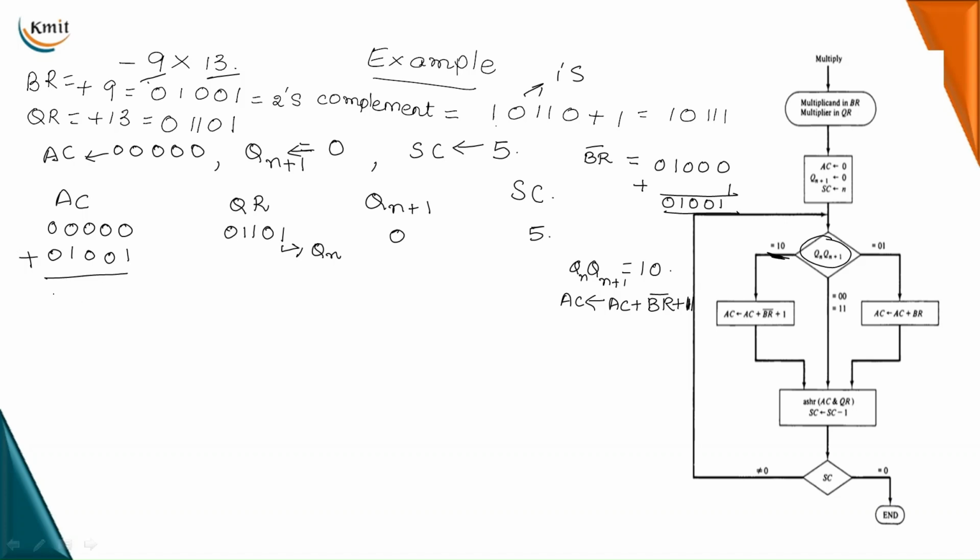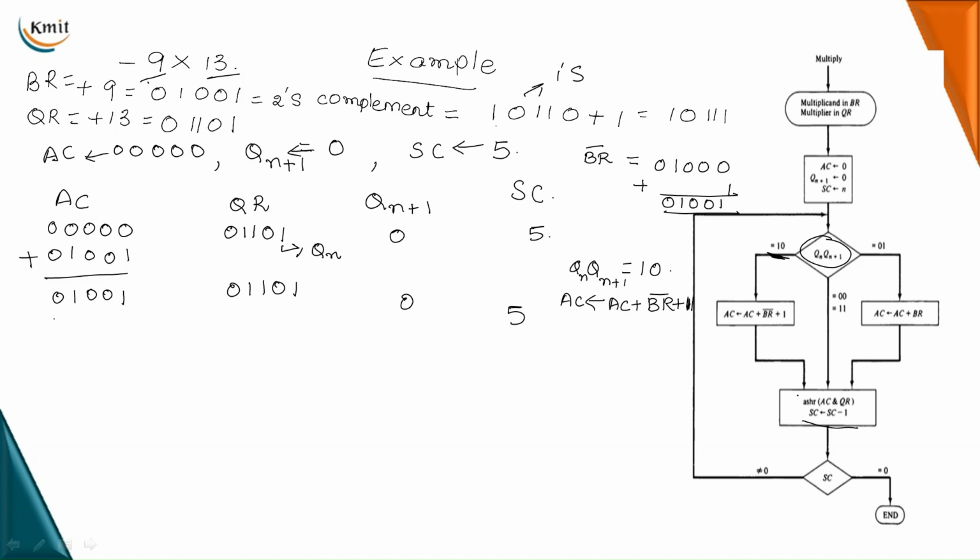So your value of AC becomes 01001, QR is 01101, Qn plus 1 is 0 and your sequence counter is 5. After performing this operation, the next step is to perform an arithmetic shift right on the content of AC and QR registers and decrement your sequence counter.